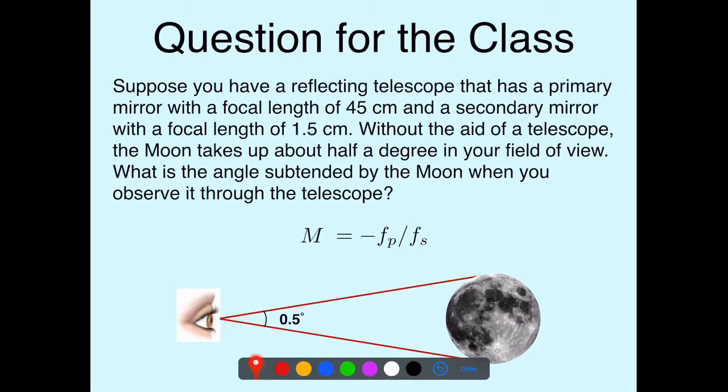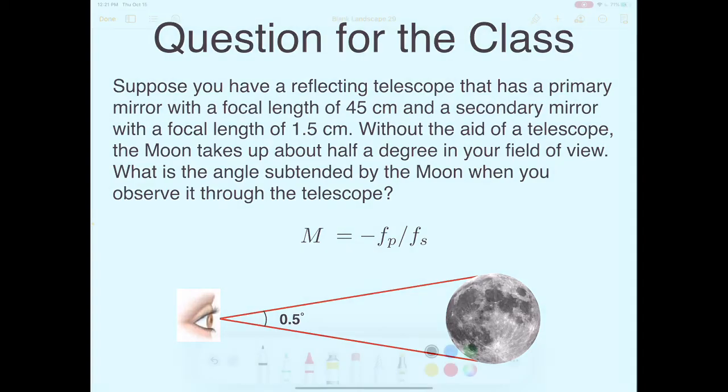So the question is, if you're now looking at the moon through this telescope, what is the angle that it subtends in your field of view? So to do this, you're going to be using, of course, the formula for angular magnification of a reflecting telescope. So pause the video for a second, see if you can work this out, and then we'll go through it together.